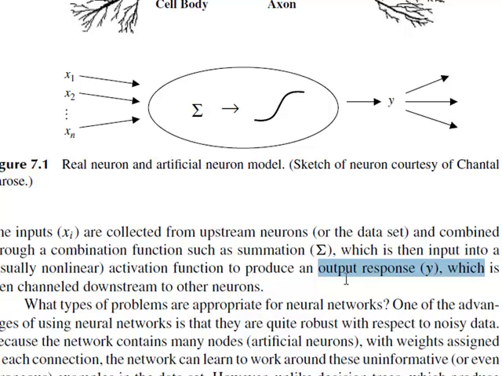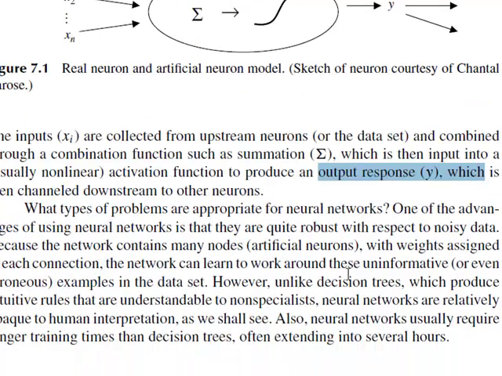What types of problems are appropriate for neural networks? One of the advantages of neural networks is that they are quite robust with respect to noisy data. So that means that if you have noisy data, you can still use a neural network and it seems to work well.